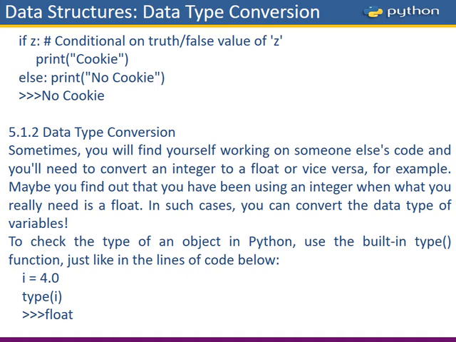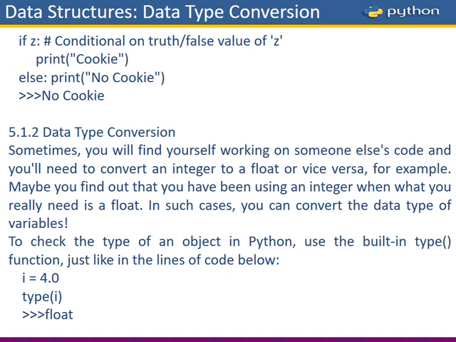So we want to look at data type conversion, how to convert our data types. You may find yourself working on someone else's code and you will need to convert an integer to a float or vice versa, as in the example we did in the introduction to Python.